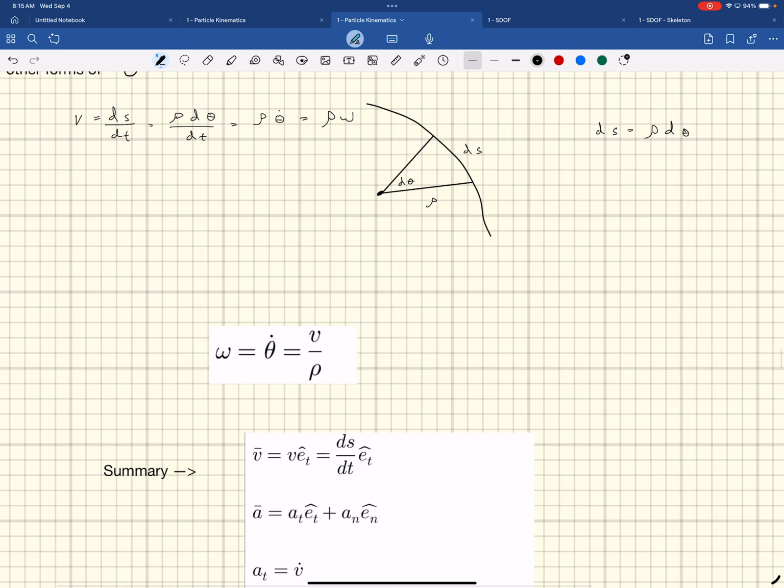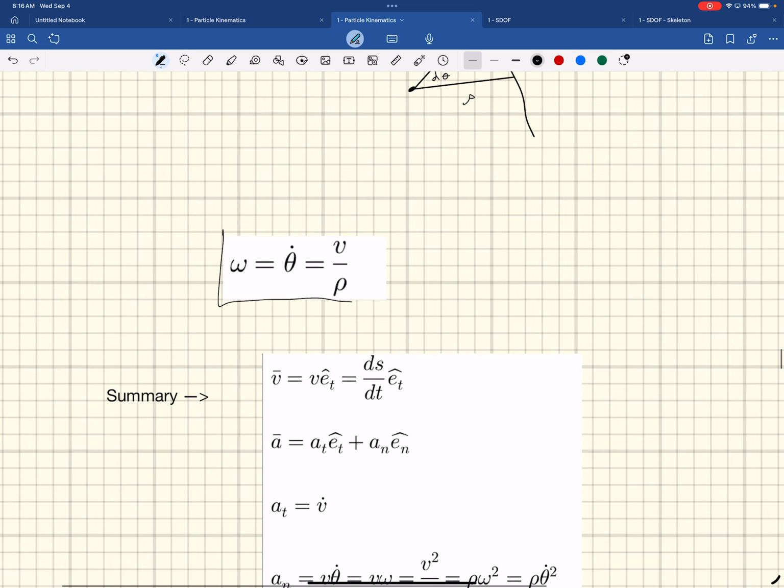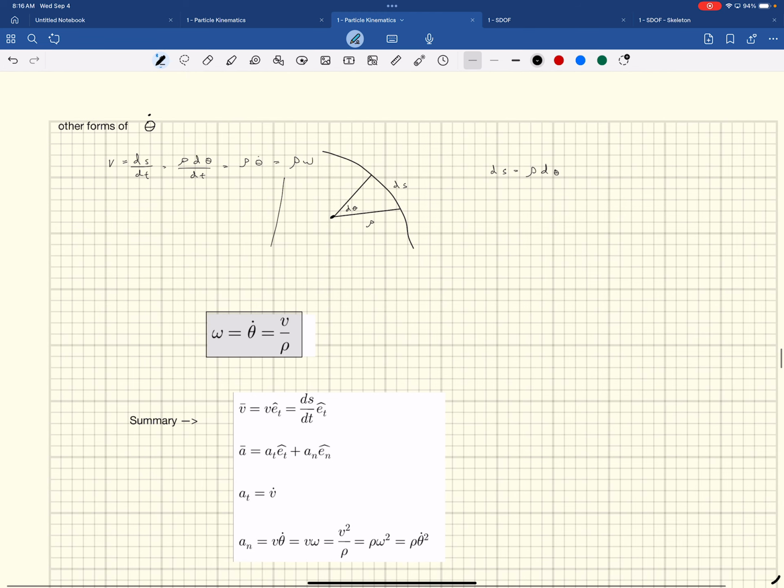So we're just using that to write this thing in a couple of different ways. Velocity can be rho times theta dot, or it can be rho times omega. I just rearranged the stuff from above. So omega could be written as theta dot, or as the velocity divided by rho.